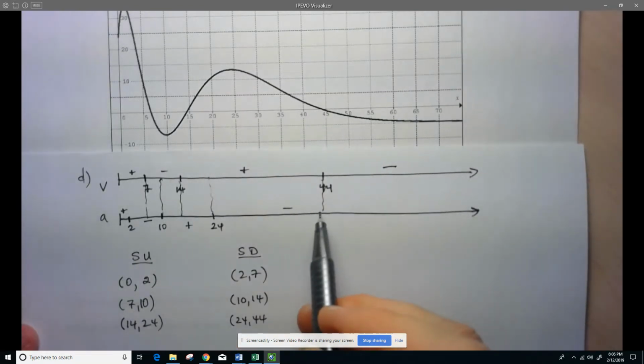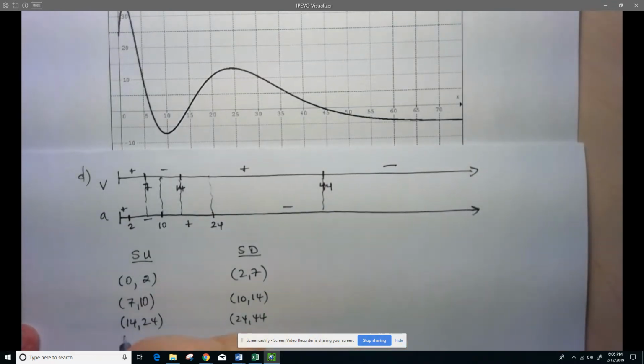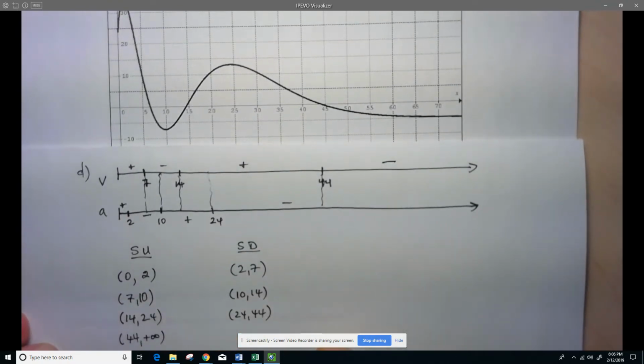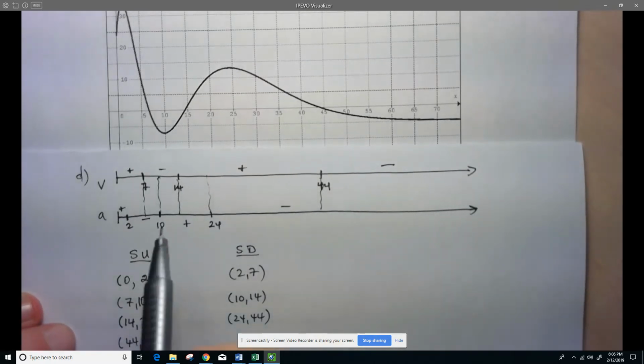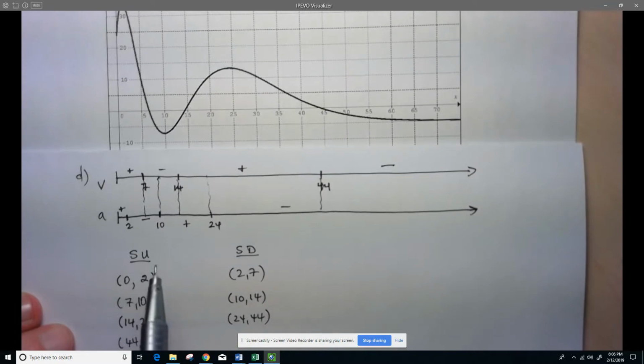And then lastly, from 44 on, they're both negative, and so speeding up. Okay, so this is 44, and we'll say to positive infinity. We're not quite sure exactly where it ends. All right, so again, always a nice idea to set up these two number lines one on top of the other so you can much more easily compare the signs of the function.